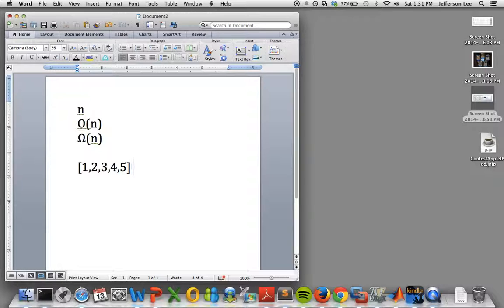In this case, it does not need to swap any of the integers. All that's needed is the comparisons at each step, and so this runs in n time, where n is the size of the array. So it'd be order some constant times 5. This gives us our big omega for bubble sort.